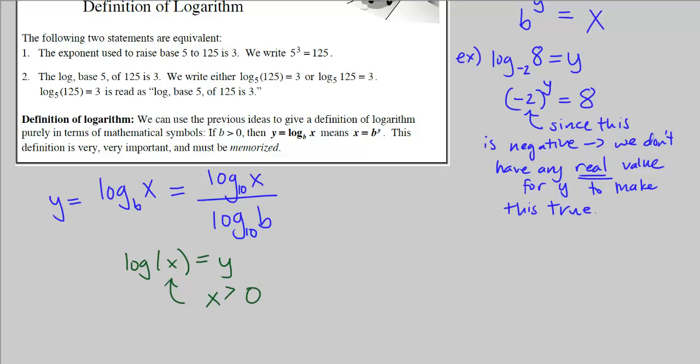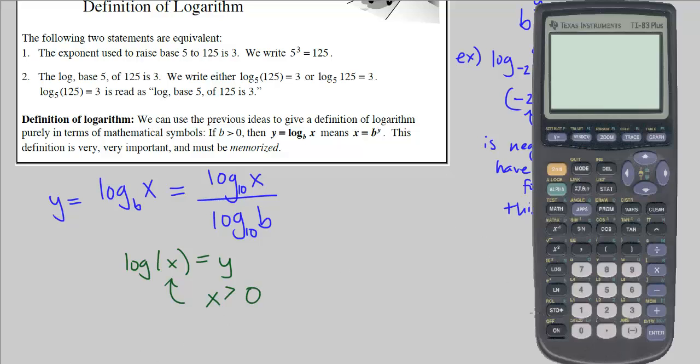We could even test that out. Let's turn this on. What is log of 0? Domain error, quit.